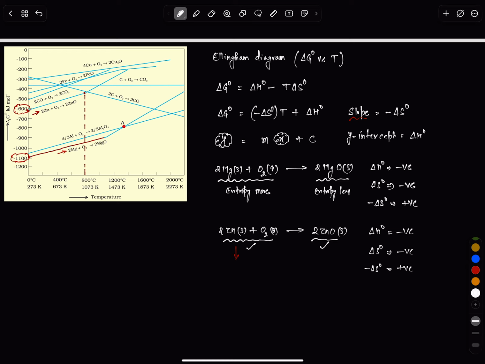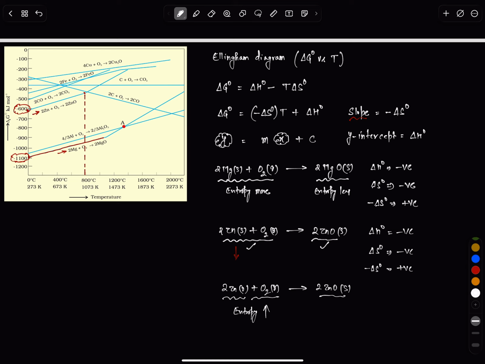So the reaction is 2 zinc, it is gas, plus O2 gas, giving 2 ZnO solid, right? And if you see, now the zinc is also in the gaseous state. So here in the reactant side, entropy will increase further, right? So entropy will be more in reactant side.